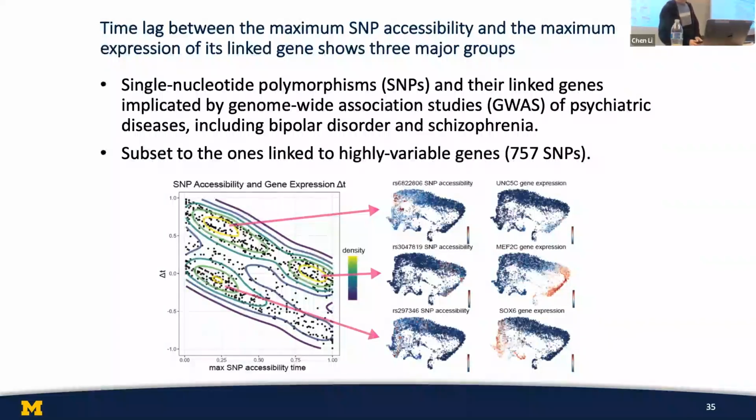We only observe 3 islands of the 757 SNPs we found associated with the highly variable genes in this data set. That makes sense because usually for a SNP to affect the gene later on, it needs to be accessible before the gene is expressed, or at least it is closely coupled to the gene expression.